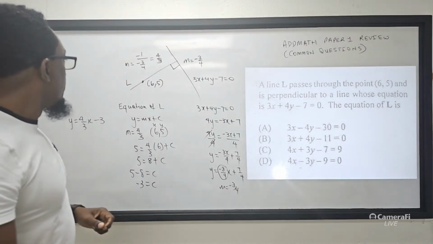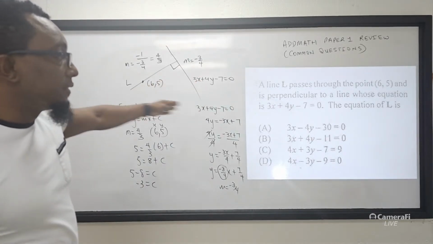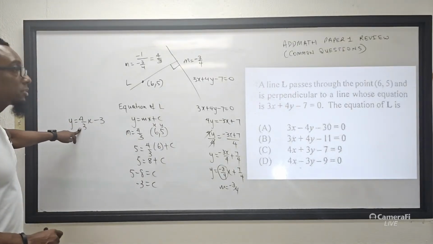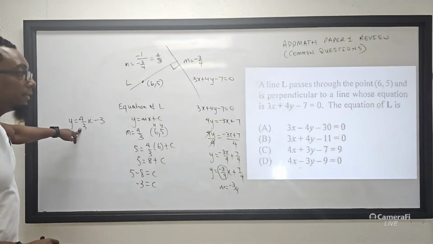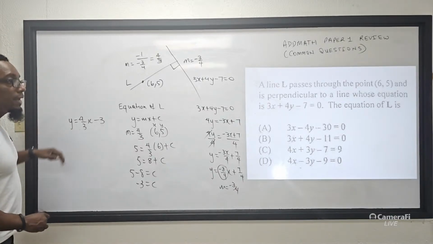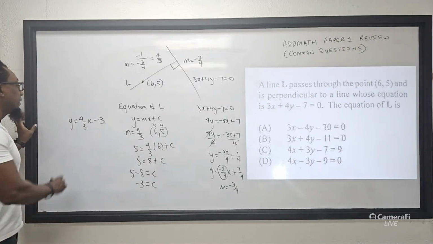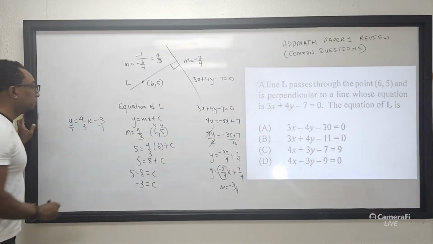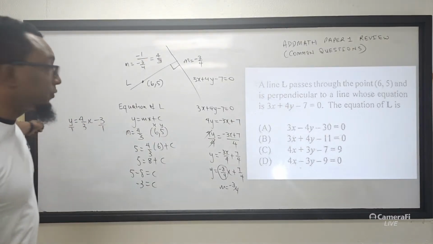Yeah? But this is not in any of the options. So what I need to do is remove this from the fraction. How am I going to remove this from its fraction? I'm going to put y over 1, 4 over 3, and negative 3 over 1. My LCM here is 3.